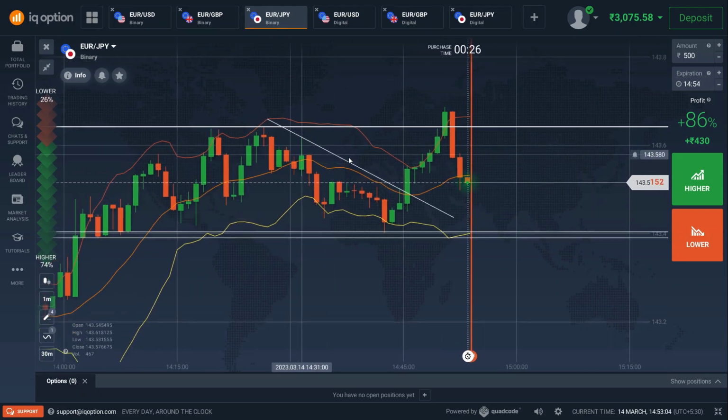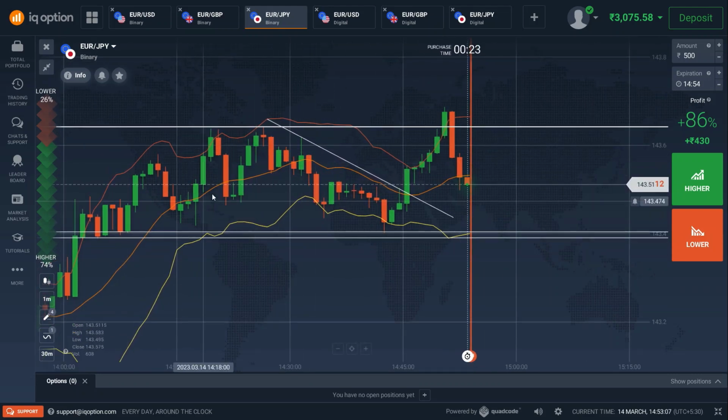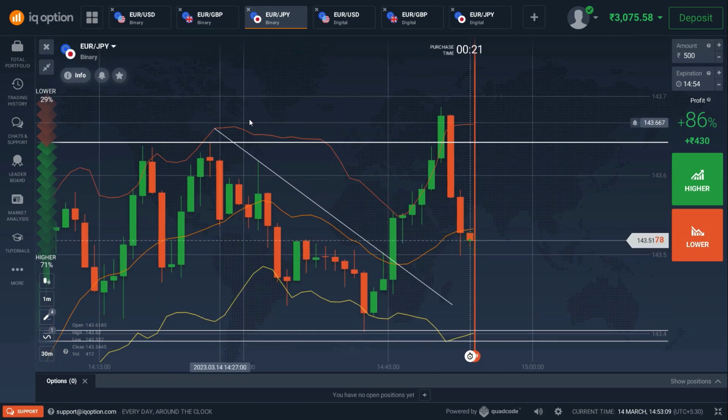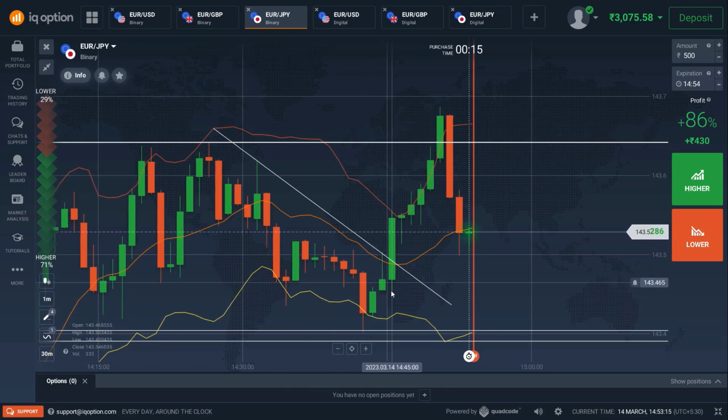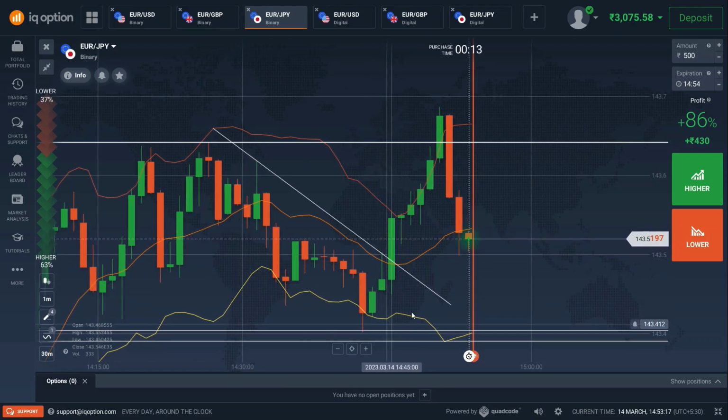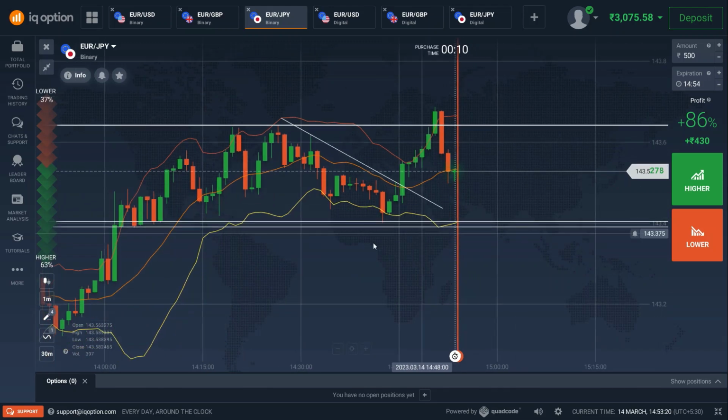So one was that, to take an up call, the market is in an uptrend, and the support level was confirmed, showing the buyers are present here, with good momentum in the green, bullish candlesticks.